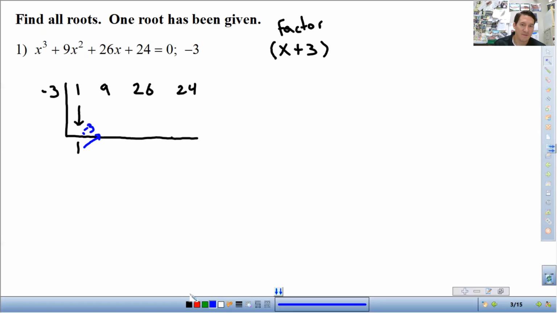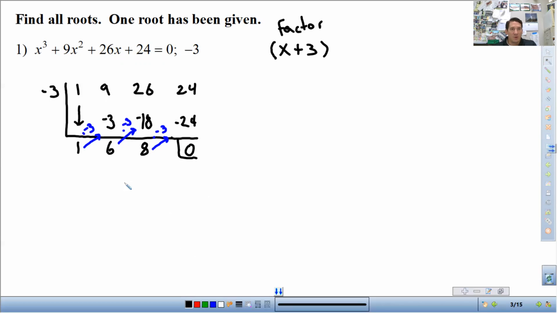Multiply by -3, you get -3. 9 plus -3 is positive 6. Multiply by -3, you get -18. 26 plus -18 is positive 8. Then multiply by -3 one more time, you get -24, which added to 24 is 0. So the remainder there is 0.